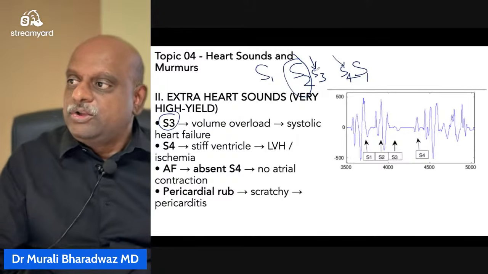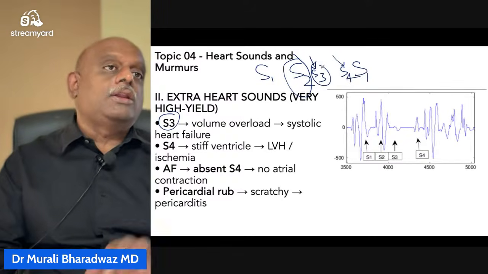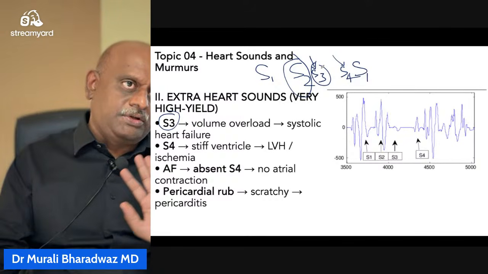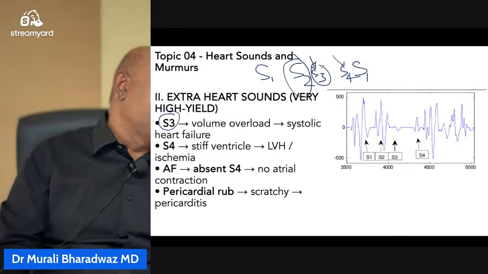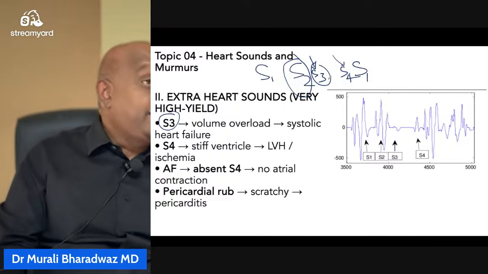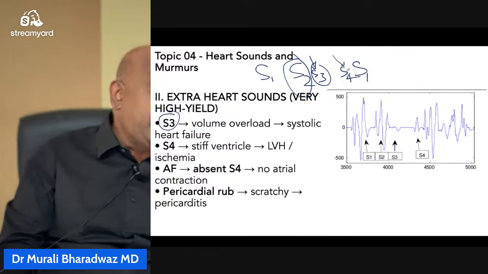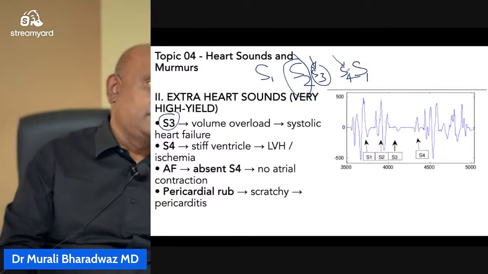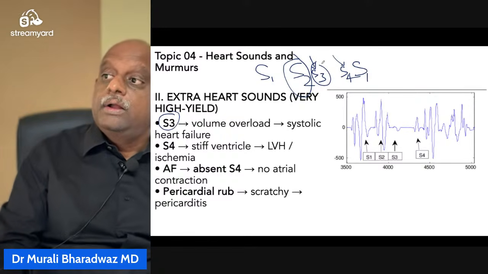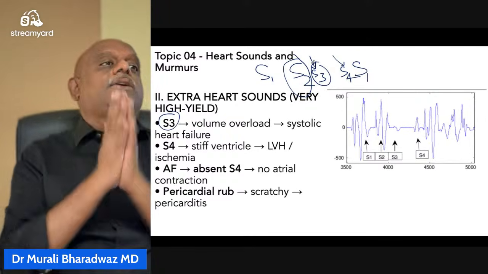Diastole. So, third heart sound and fourth heart sound are diastolic sounds. Clear? What is the meaning of diastole? Kiska diastole? Ventricle. Filling of ventricle. Early part of diastole you get S3, late part of the diastole you get S4.